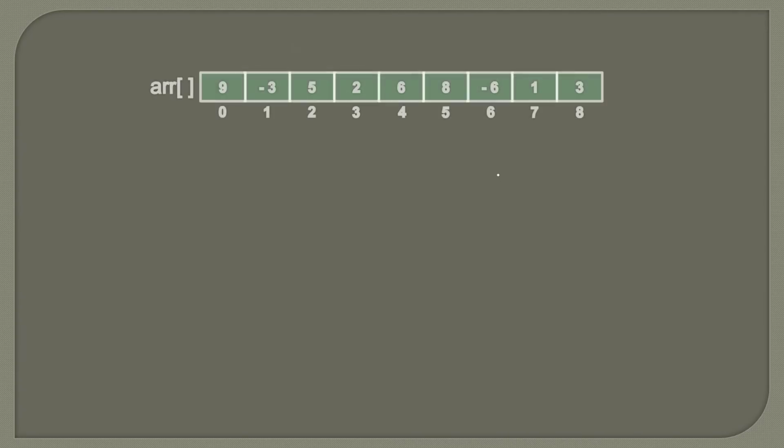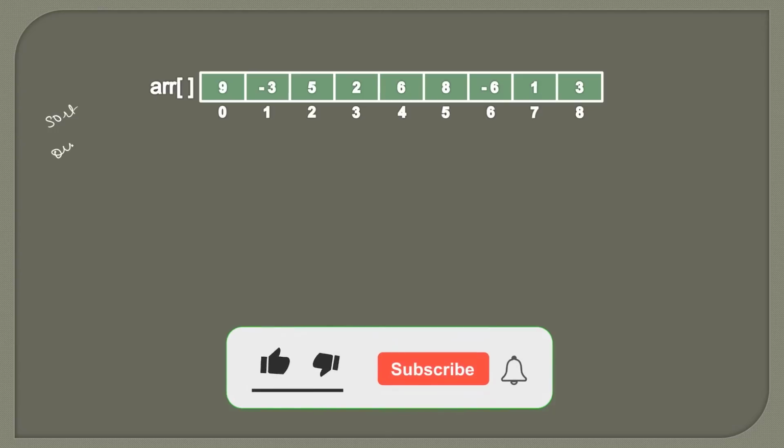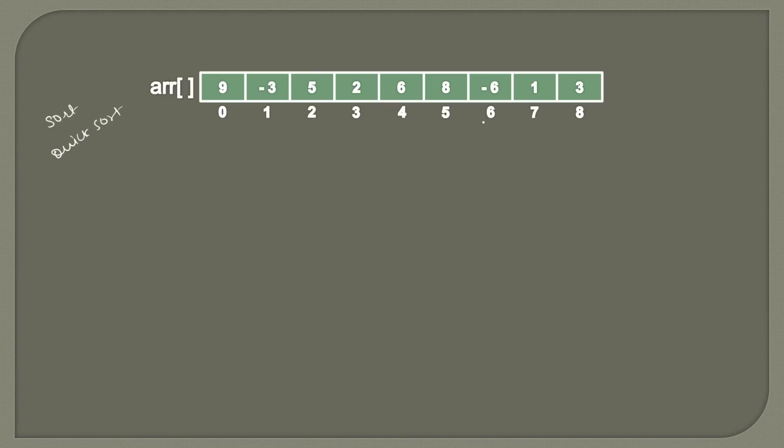Here, let's suppose we are given this array and we want to sort it using quicksort. As we discussed, the first thing we do is take a pivot element. It can be the first element, any random element, or the last element.